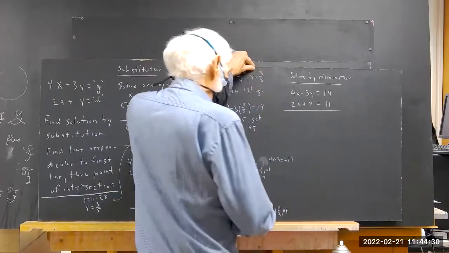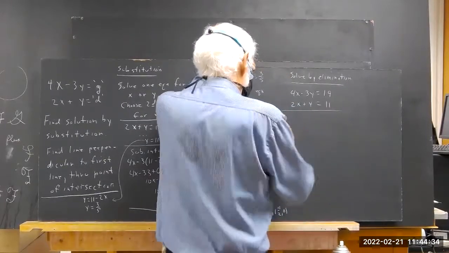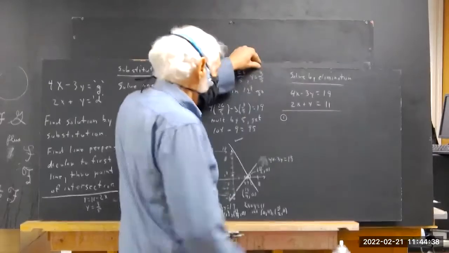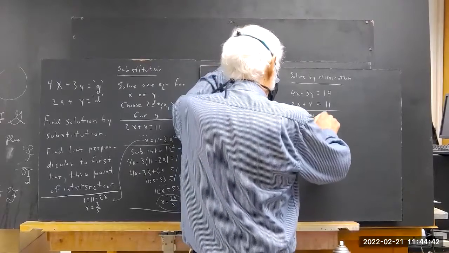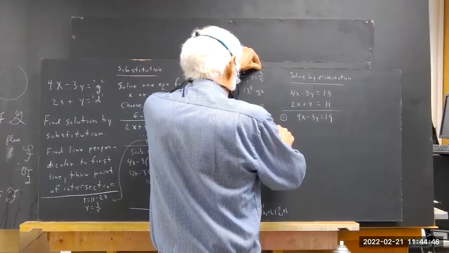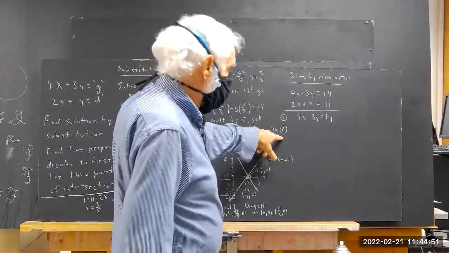So I'm going to rewrite my system. I'm going to put a circle around 1, which means I'm just going to write down equation 1. Then I'm going to write down 3 times 2 with a circle around it.